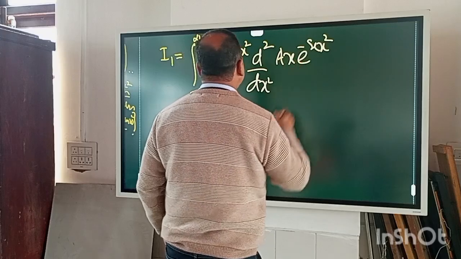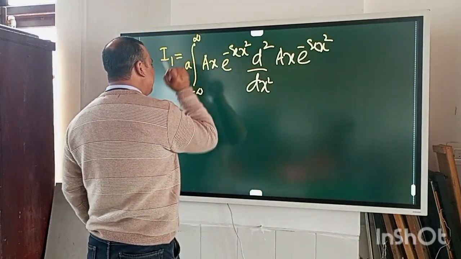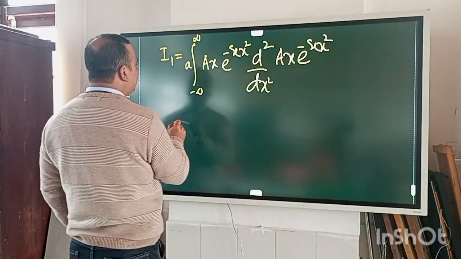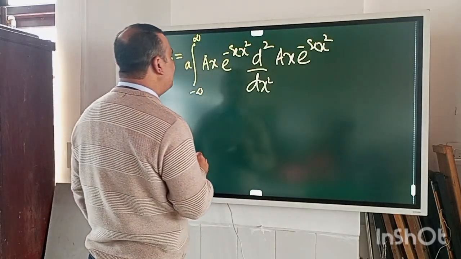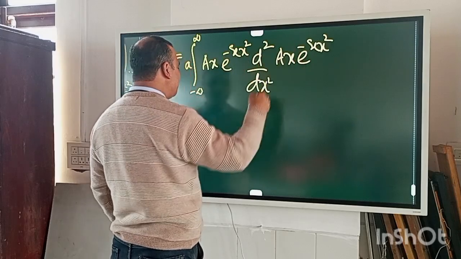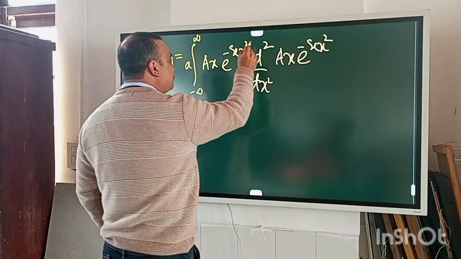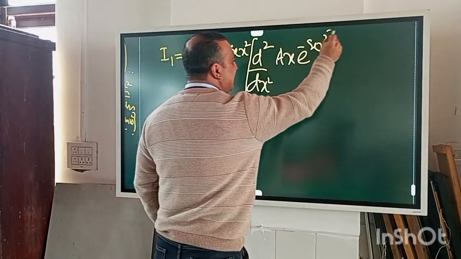This is the thing we have to evaluate, and it is multiplied by small a. We should keep that in mind. So what I have to do is take its first derivative, then take another derivative, and then substitute that in my integral.